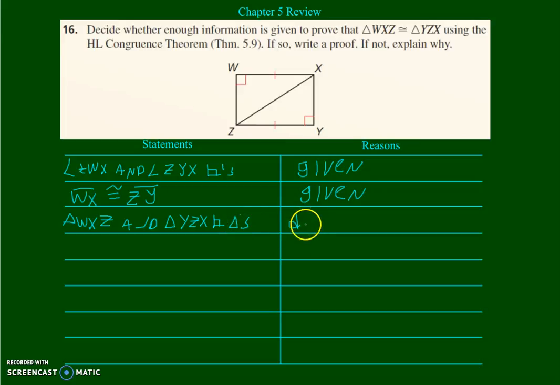That's the definition of right triangles. I like to abbreviate. Okay, so we know that these are right triangles.